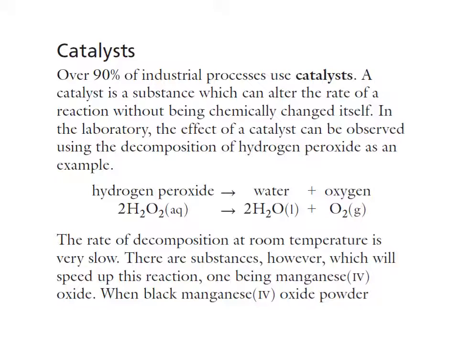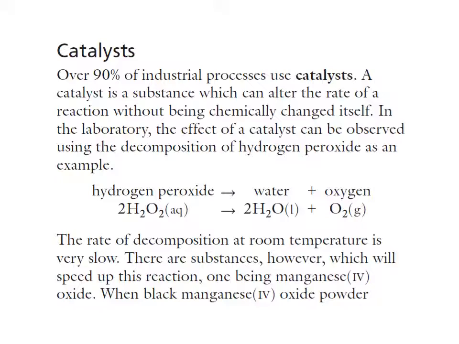Now the next factor, that is catalyst. First you need to learn the term catalyst. A catalyst is a chemical that does not take part in the reaction, but it enhances the rate of reaction. 90% of industrial processes use a catalyst.